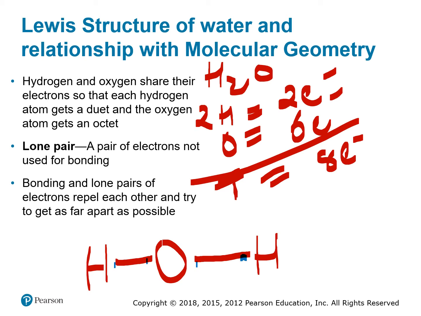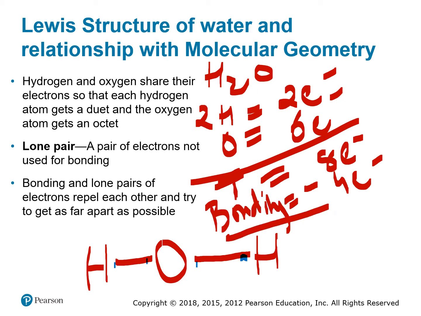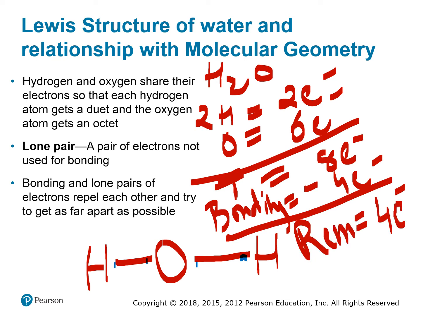So I have used 4 electrons, right? And so I'm going to subtract 4 electrons, which I'm going to call bonding electrons, and my remaining electrons come to 4.